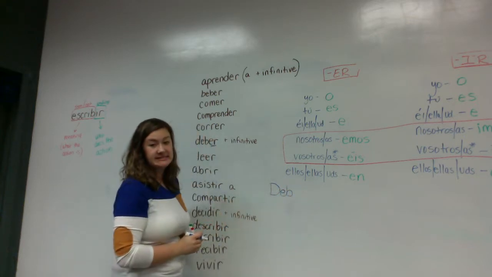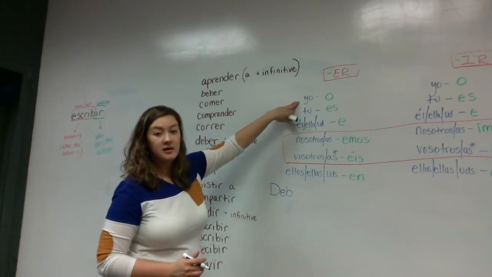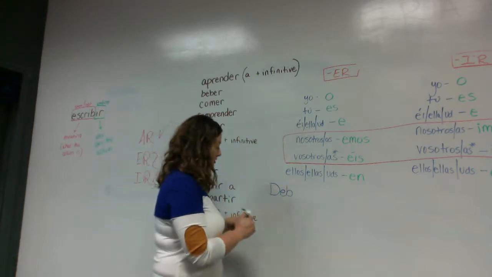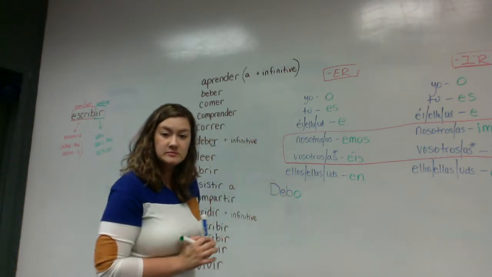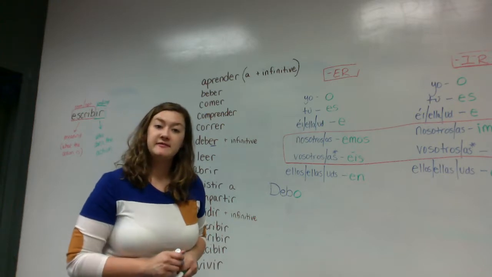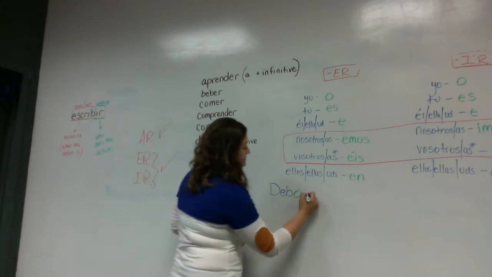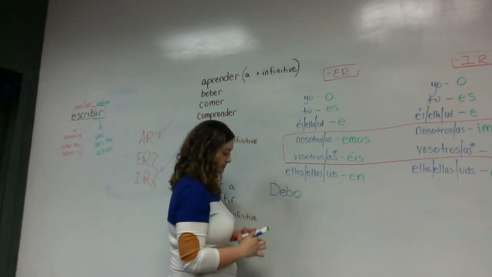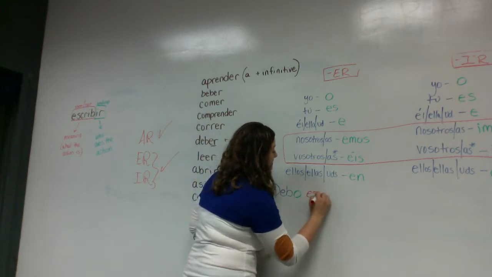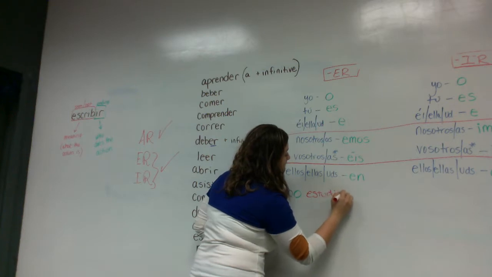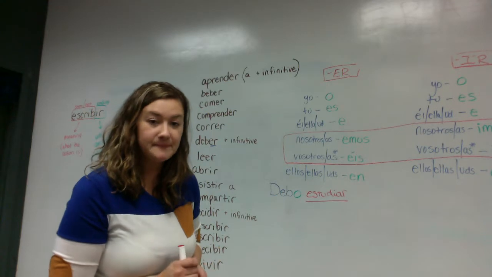My root is deb. I go to the yo form. I should. So debo. And I said in infinitive form to study, right? I should study. So to study is estudiar. So debo estudiar. Notice that the verb estudiar, again, is in its infinitive form.